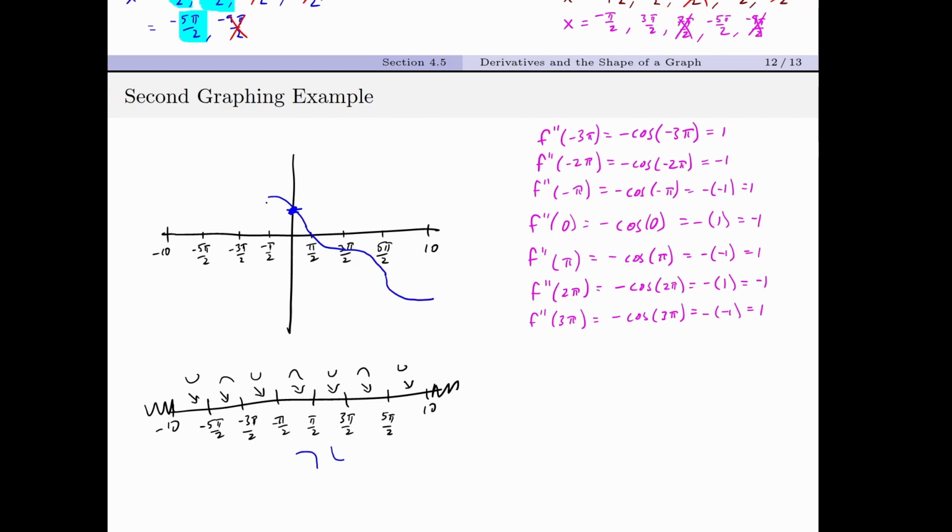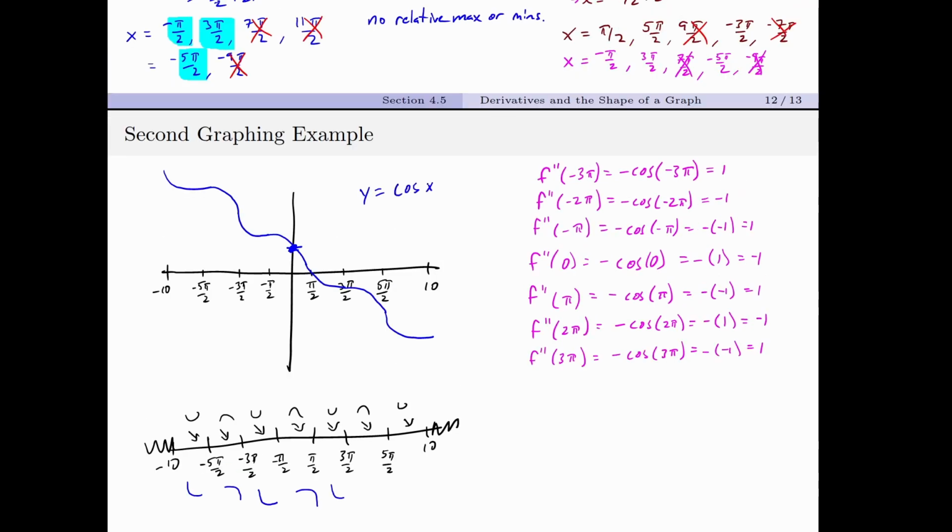Going the other way, we have this bent up and decreasing shape, and we have a bent down and decreasing shape, and then a bent up and decreasing shape. And there's our graph of y equals cosine x minus x.